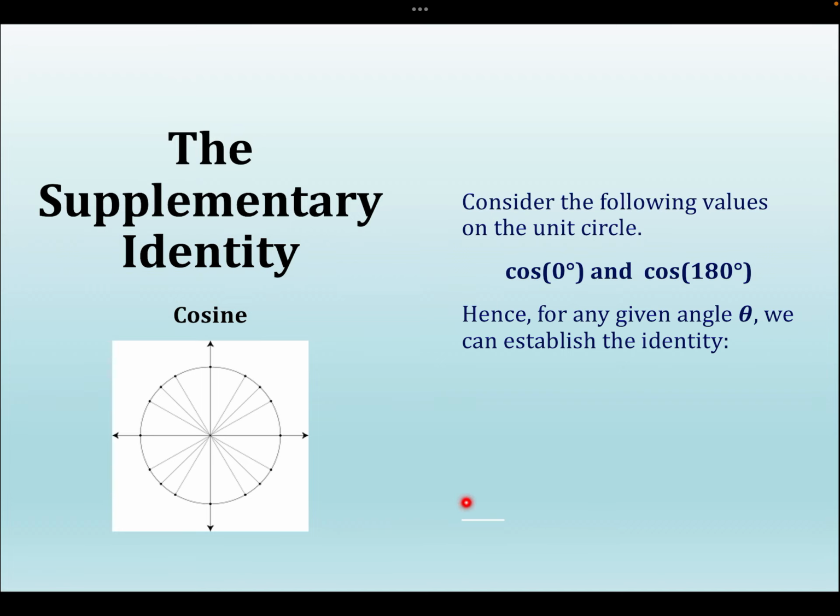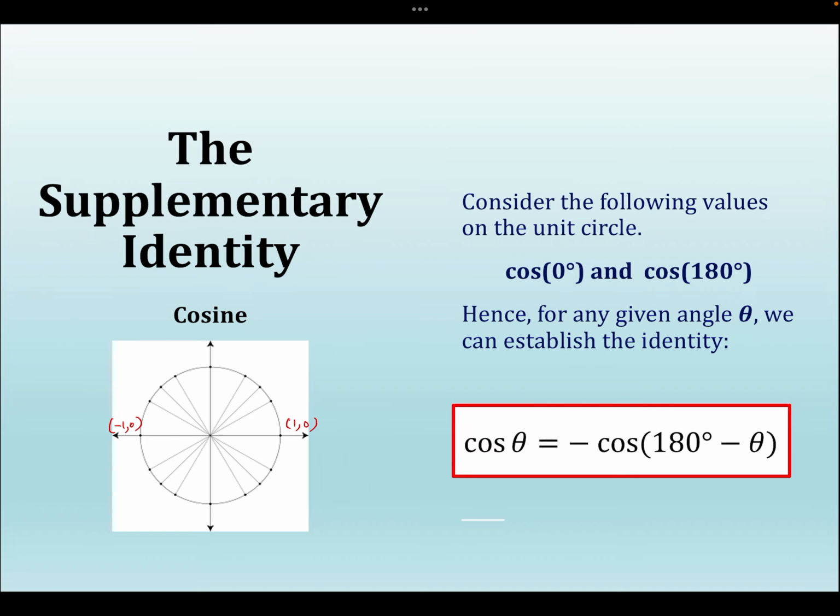So cos 0 degrees is 1, x is 1; at 180 degrees, x is minus 1. So therefore, we can say that cos theta equals minus cos 180 degrees minus theta.